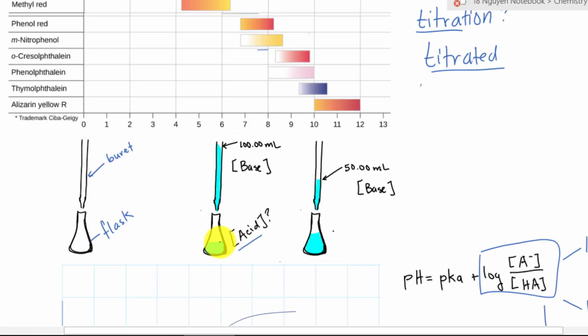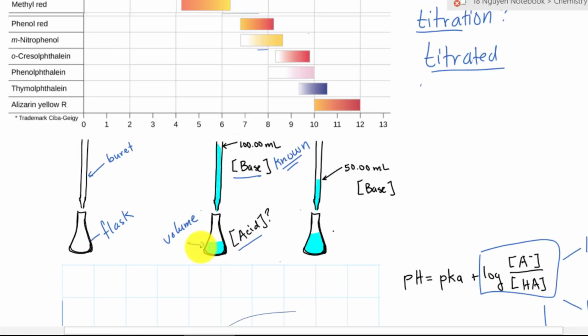So we don't know the concentration of this acidic solution. So what I'm going to do is react it with the base. And for the base solution, I know exactly what the concentration is. Because once I have the volume and the concentration, I can find the number of moles. And there we can use stoichiometry to solve for this concentration.